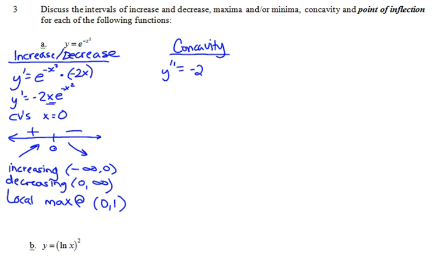And then leave the other guy. Plus, leave the negative 2x. So I'll actually leave this as a minus. And derivative of e to the power of negative x squared. Well, that's the same as our original. So that's going to become negative 2x e to the negative x squared.